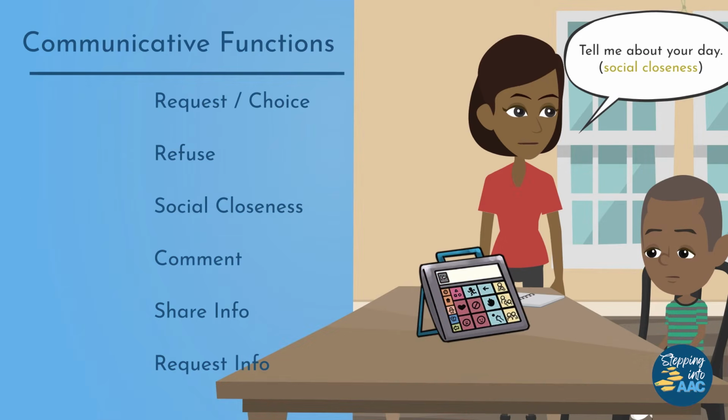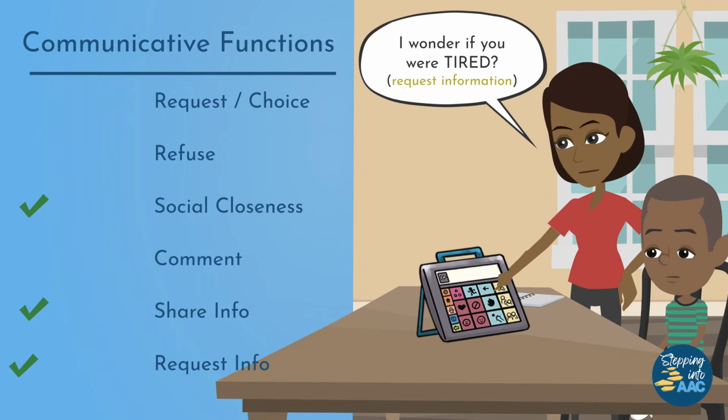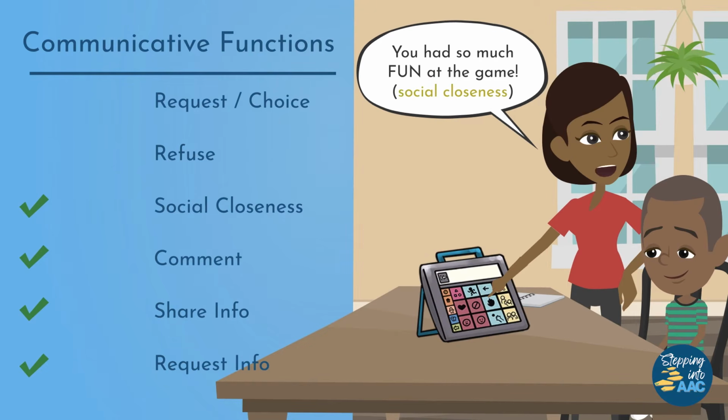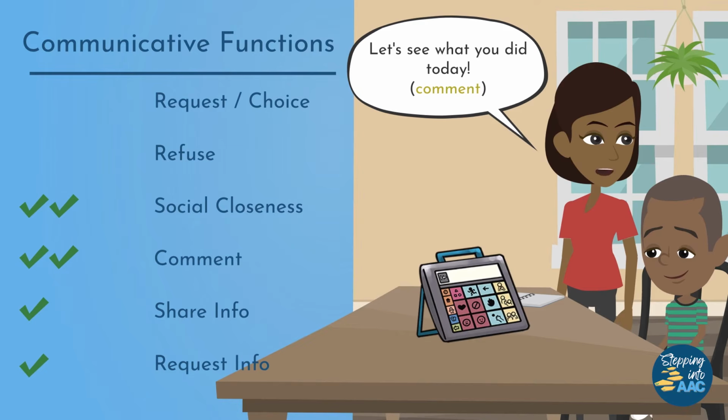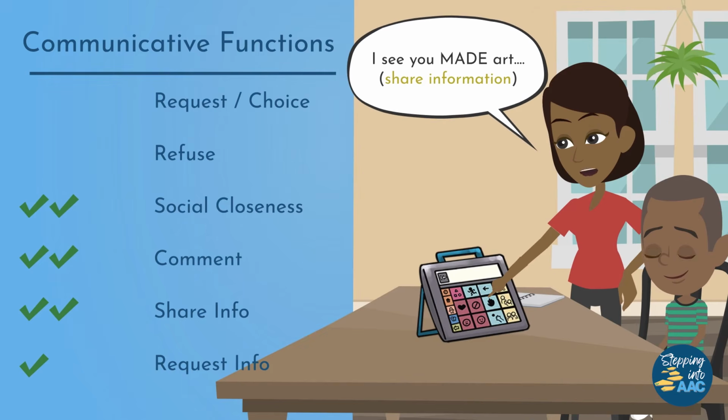Using a variety of communicative functions with AAC can look like this. Tell me about your day. Your teacher wrote that you had an okay day. I wonder if you were tired. Tired. We did get home late from your brother's game last night. Get home. You had so much fun at the game. Fun. Let's see what you did today. I see you made art.